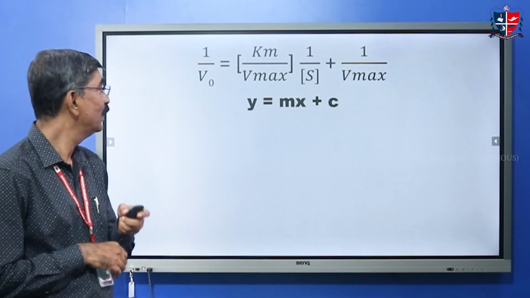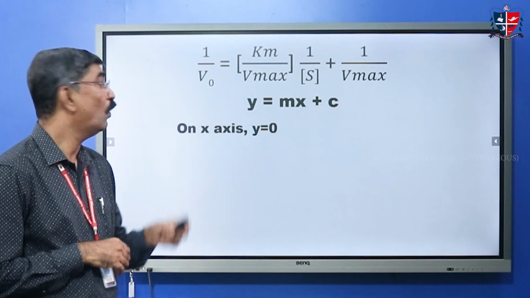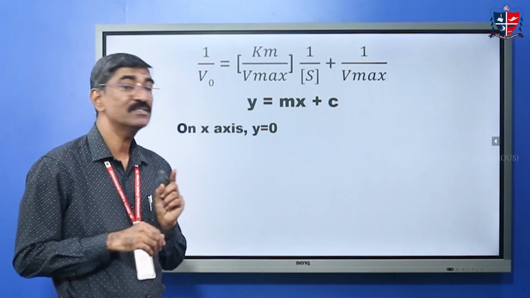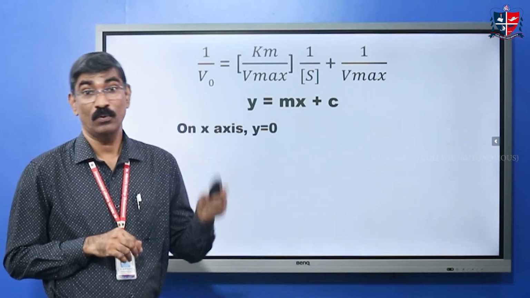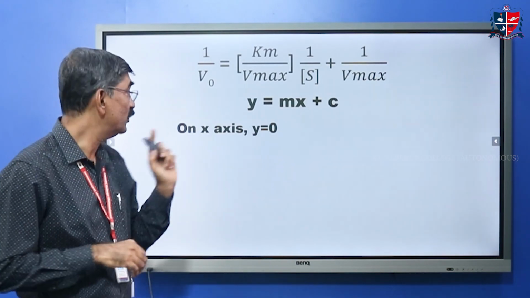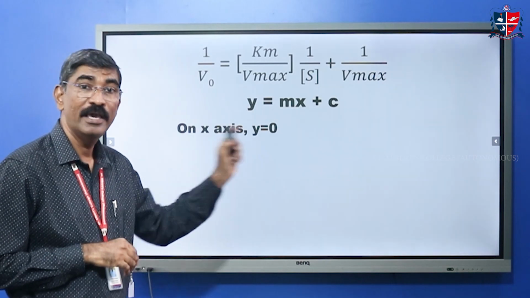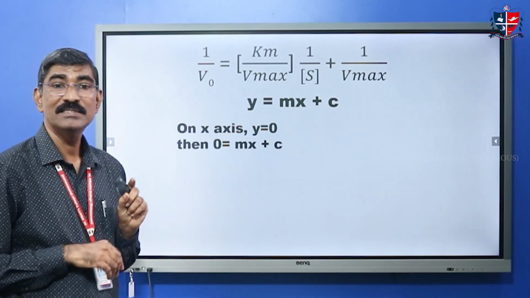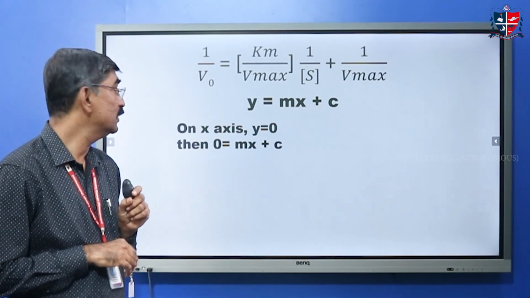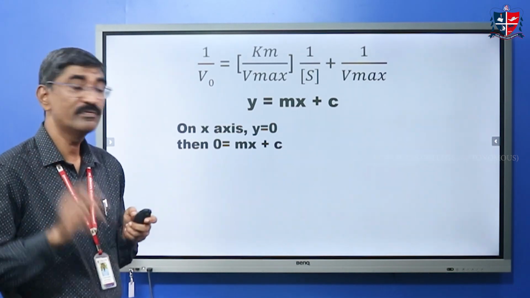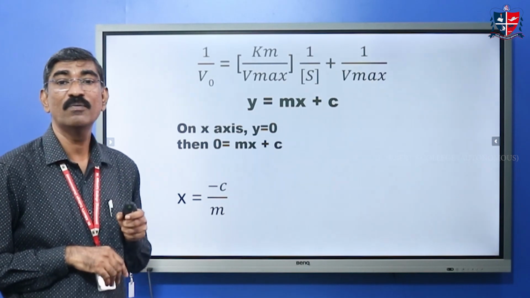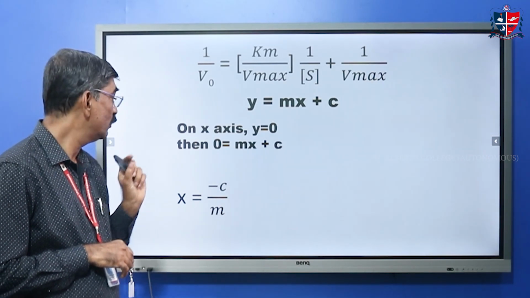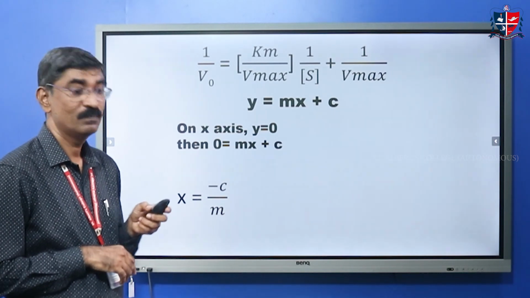straight line. Now you know, any point on the x-axis has its y coordinate 0. So let us substitute that value in this equation, then you will get 0 equals m times x plus c. Now let us solve this for x, then you will get x equals minus c by m. What is this c value?